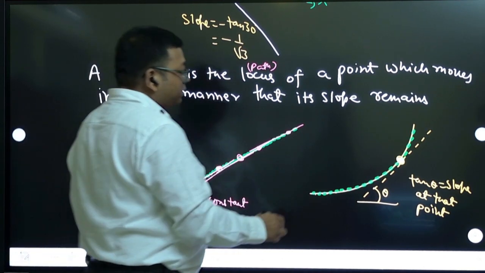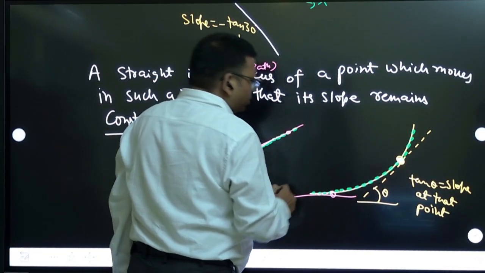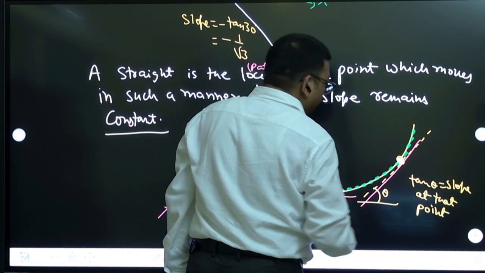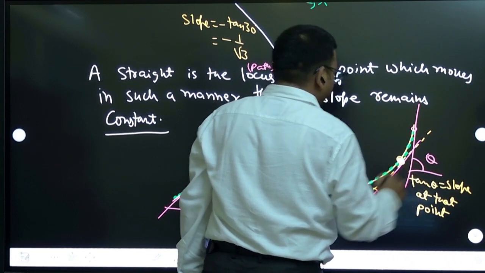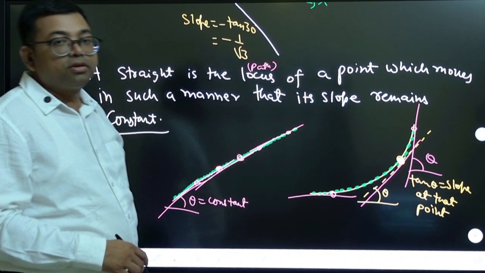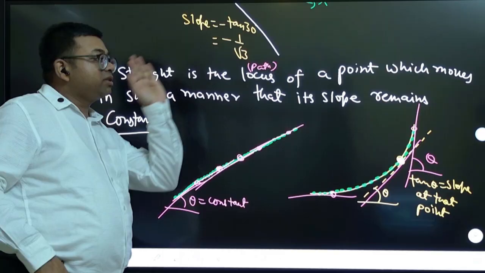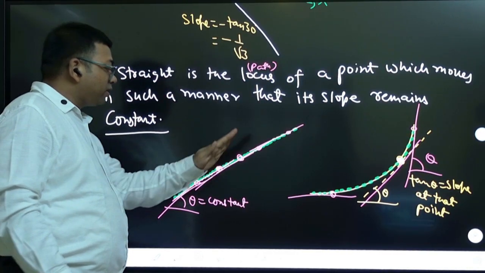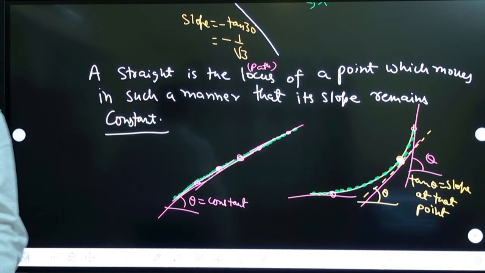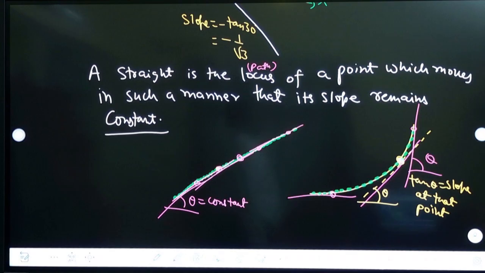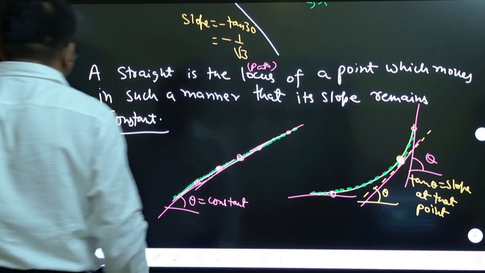But in this other case, the thetas are different, these are different angles. So this is not a straight line, but this is a straight line because the slope is the same everywhere. Clear? That's how a straight line is defined.